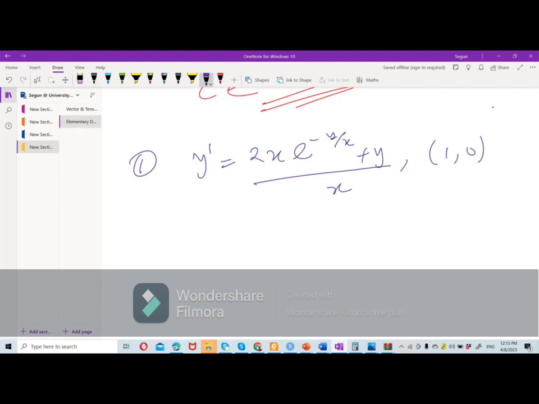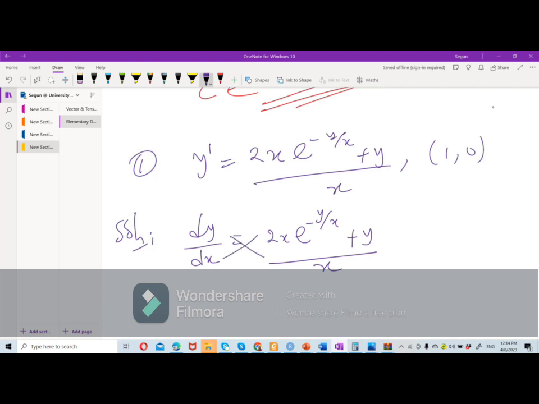Like I explained in the last example, we need to write dy over dx equals 2x exponential minus y over x plus y, divided by x.